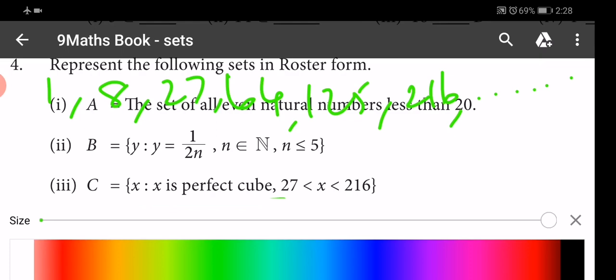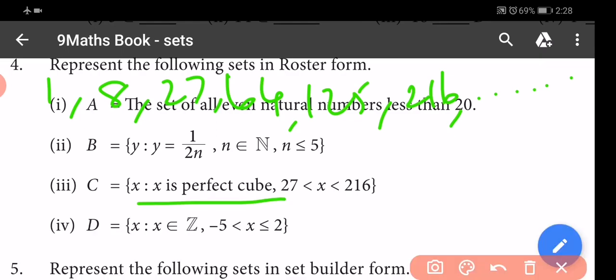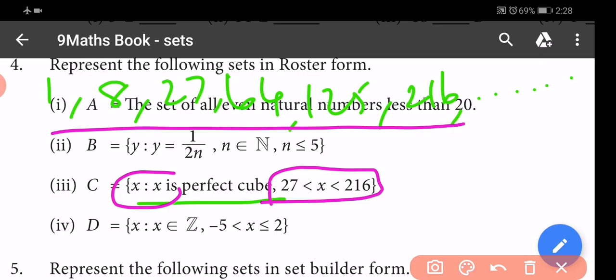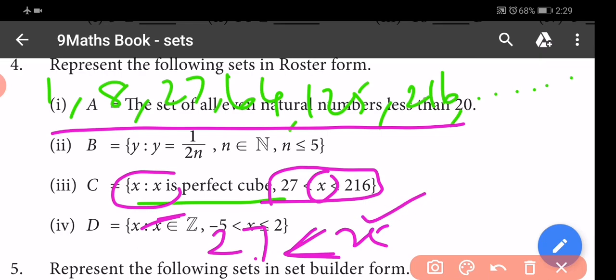But in the question there is one condition here. What is the condition? We say all the perfect cube numbers as x, but there is a condition for x. 27 less than x means x is more than 27, so this side is the bigger number.